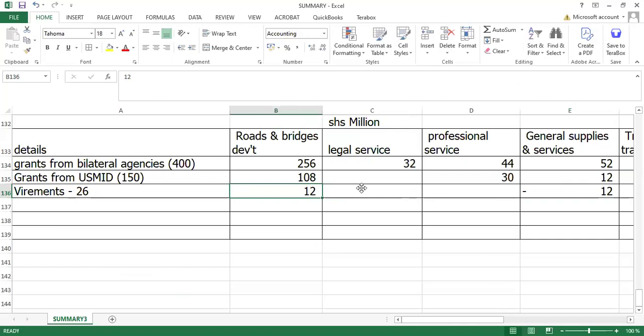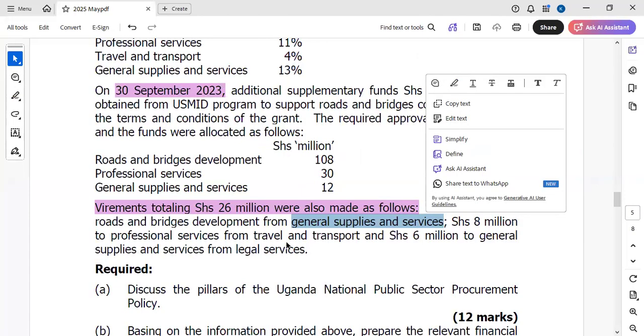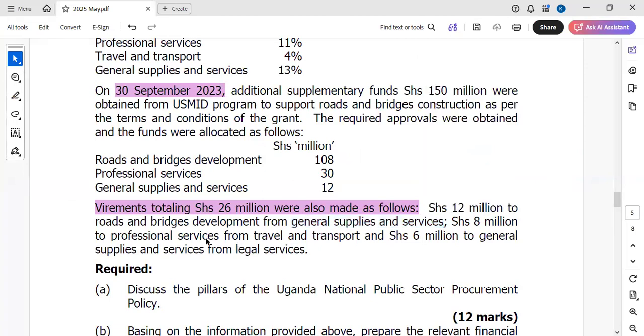Next. Next is what? Professional fees. Professional fee is receiving 8 million from travel and transport. So let me do this, 8.